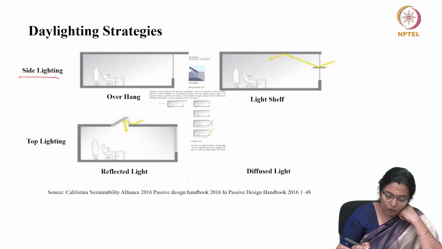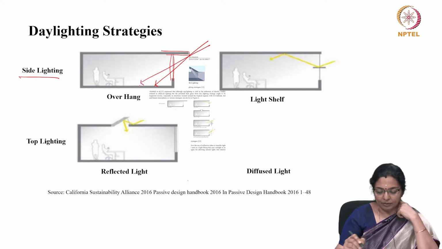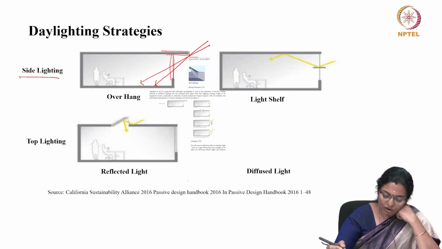So, even though top lighting is important to reduce the electricity use, having side lighting like this with an appropriate shading device brings in daylighting. We have what are called light shelves.